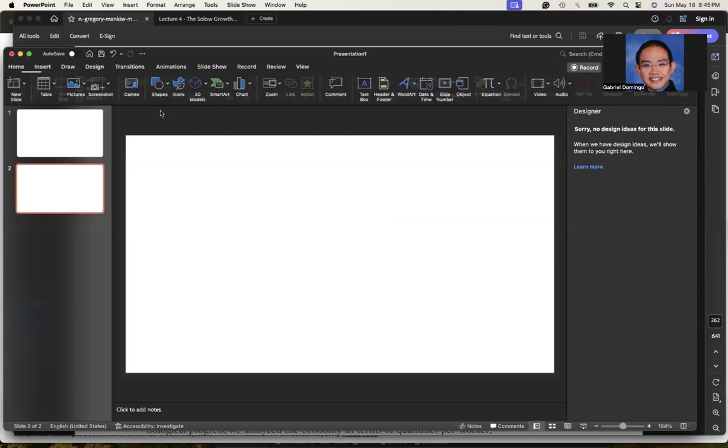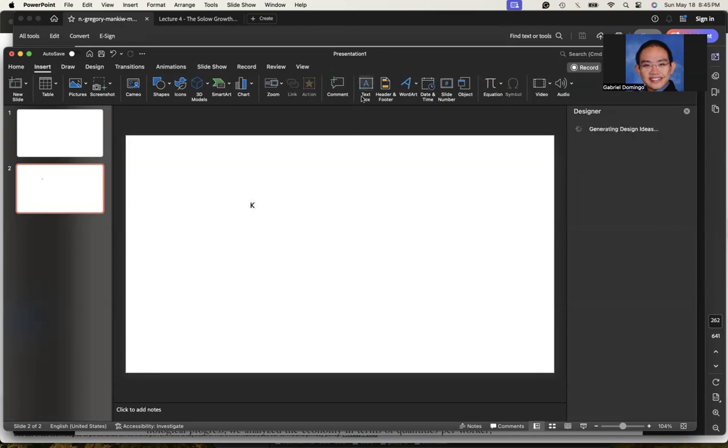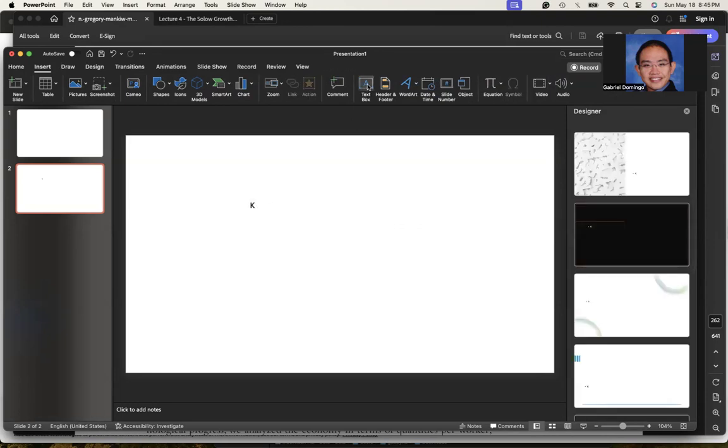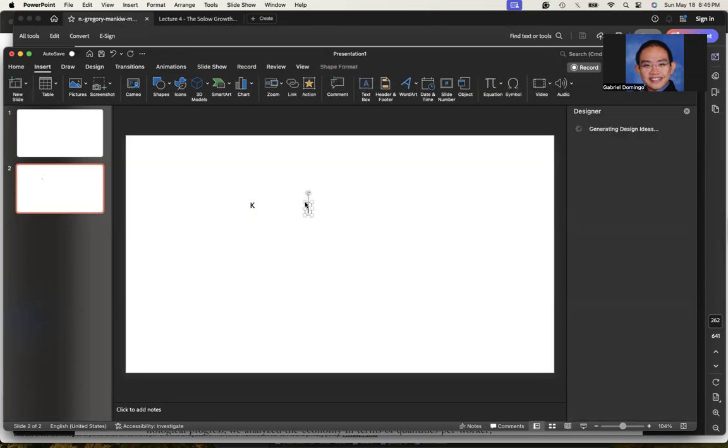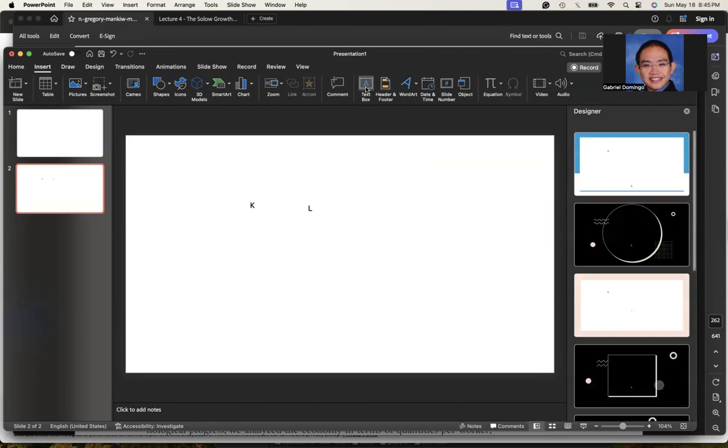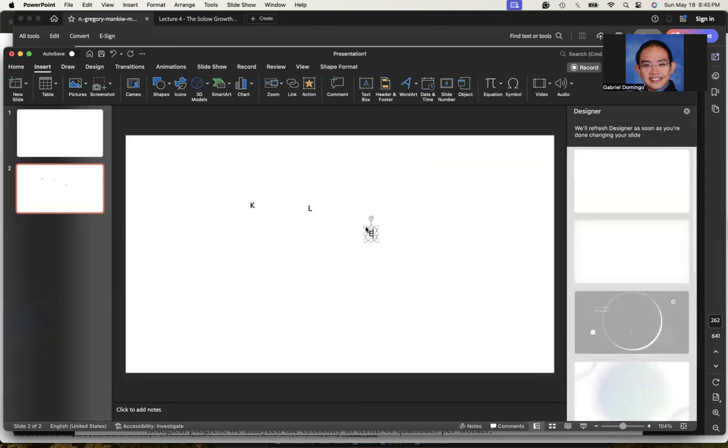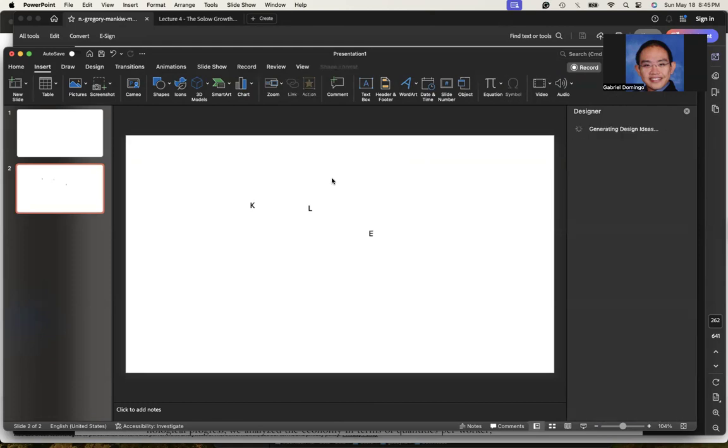I'm just going to insert a text box here, and I have a K. My second text box will have an L, and my final text box will have E. Of course, they're all associated with Y. So Y is going to be a function of Y over EL now.